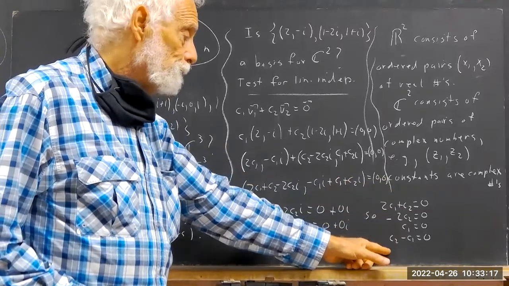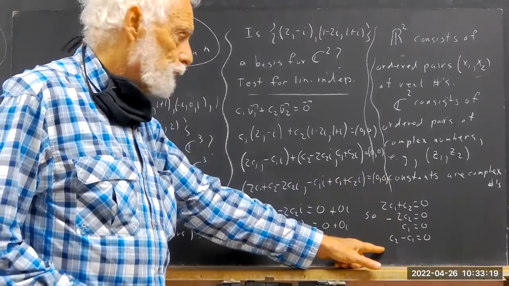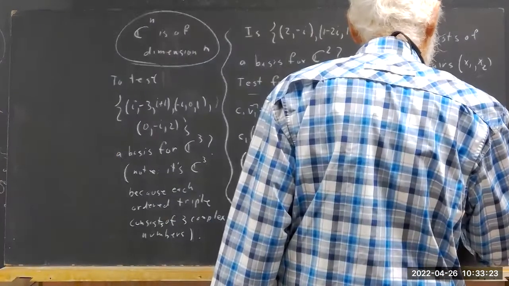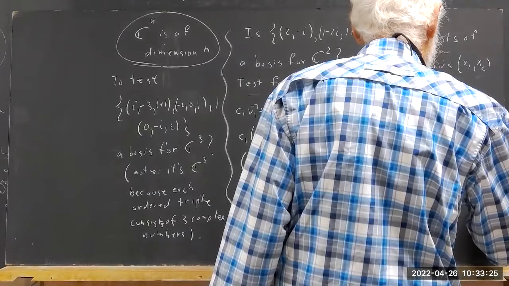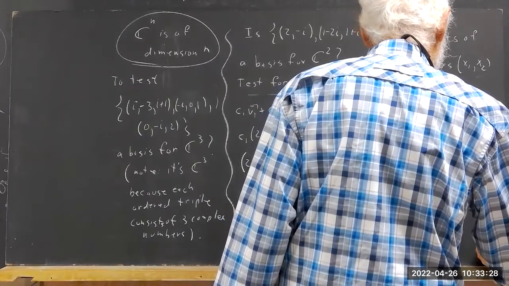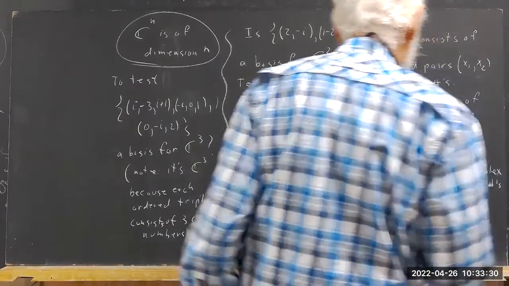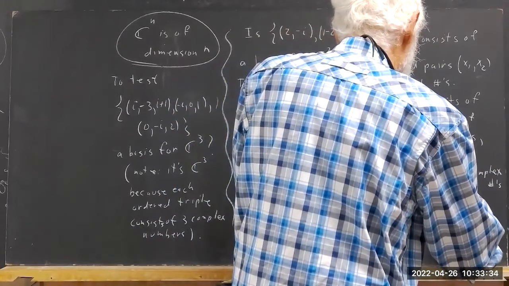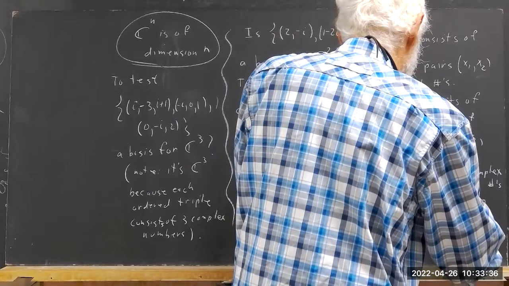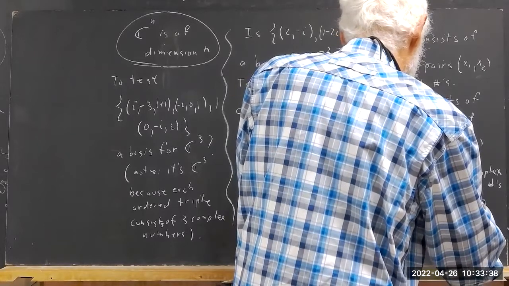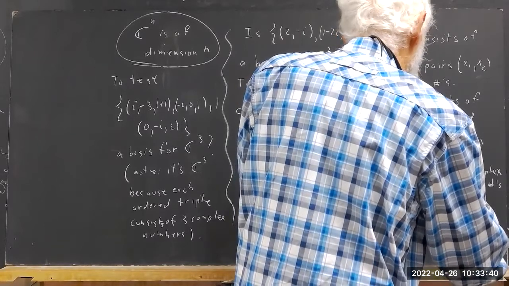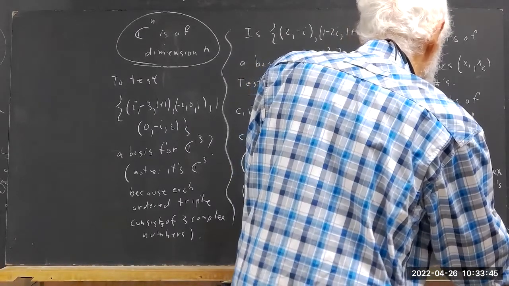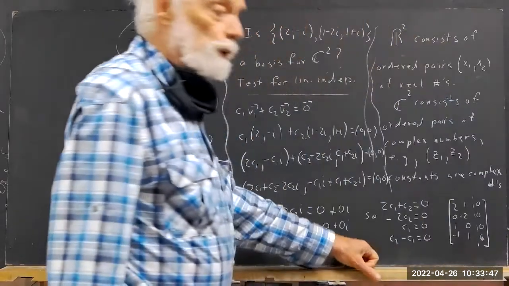Now you can see that the system of equations is equivalent to the augmented matrix 2, 1, 0, -2, 1, 0, -1, 1, with zeros over here.